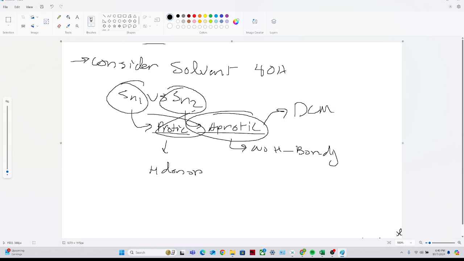The reason I bring up DCM is most bio and chem students are going to take 43A, and as a result, DCM is going to be used in a few of your reactions. DCM structure, it's polar. It's called dichloromethane. There is no ability to H bond, right? And so, again, SN2 product, SN1 product, super important. Keep that in mind.